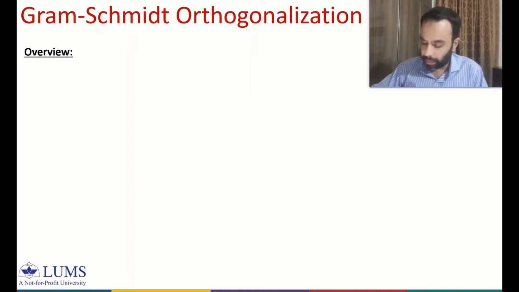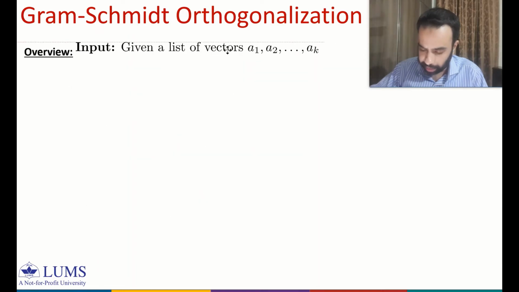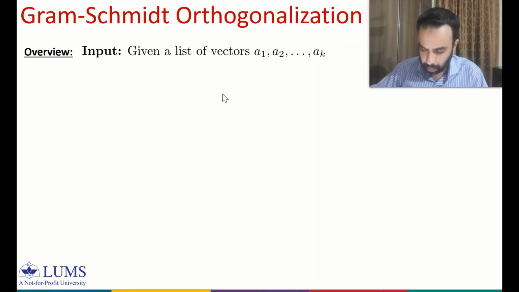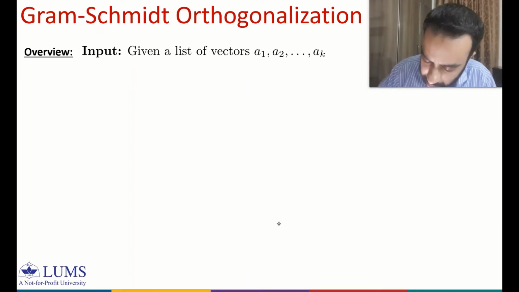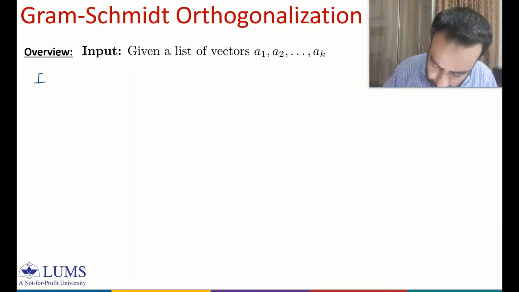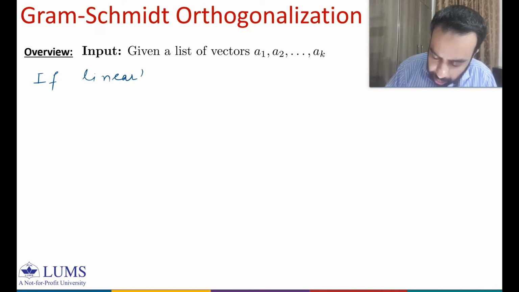So how does it work? This process takes as input a list of vectors, and assume that this list is linearly independent.